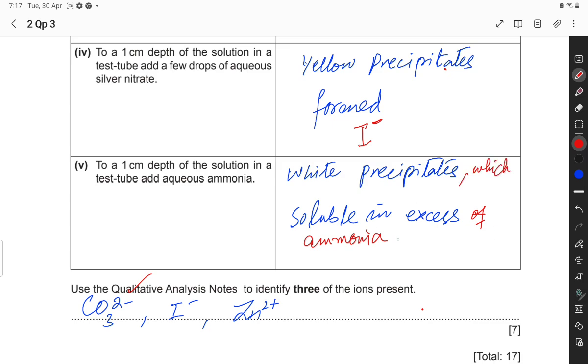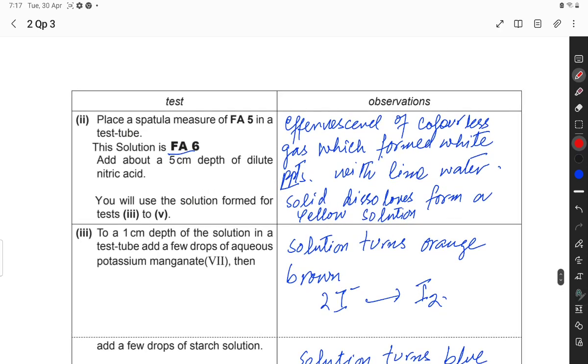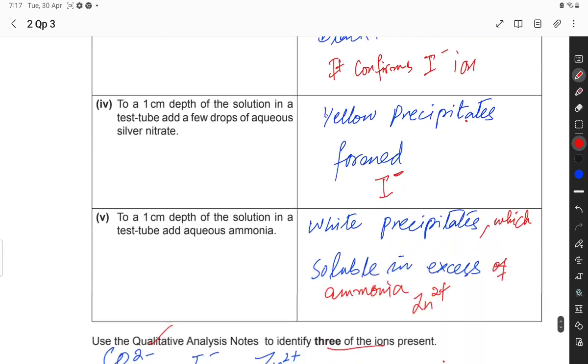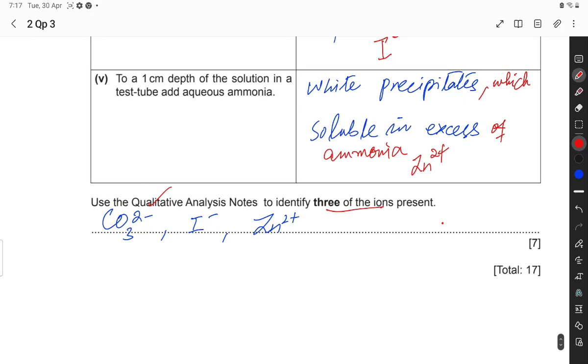So this test confirmed that zinc ions are present. So the three ions are carbonate ions, iodide ions, and zinc ions. These ions are present in the Fa5 and Fa6 solution. So this is all about this qualitative analysis question. Hopefully you understand.